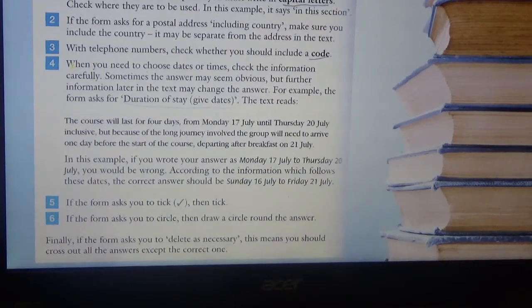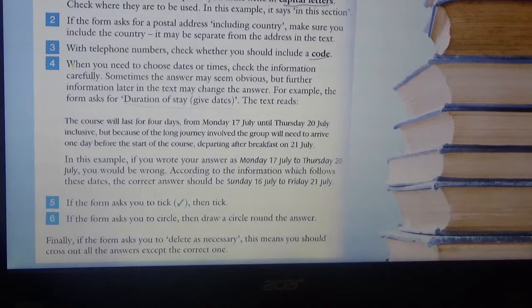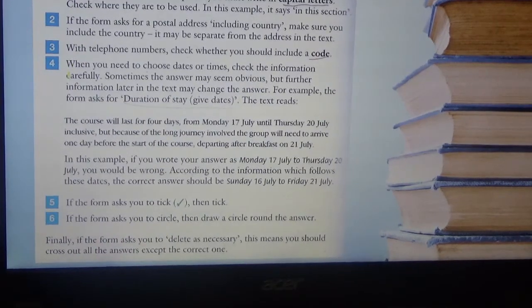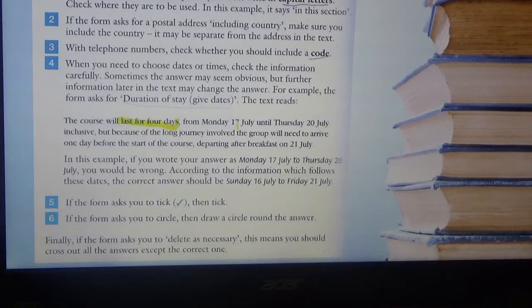When you need to choose dates or times, check the information carefully from the passage, and sometimes the answer may seem obvious, but further information later in the text may change the answer. For example, the form asks for duration of stay, give dates. The text reads, the course will last for 4 days, from Monday, 17 July until Thursday, 20 July inclusive.